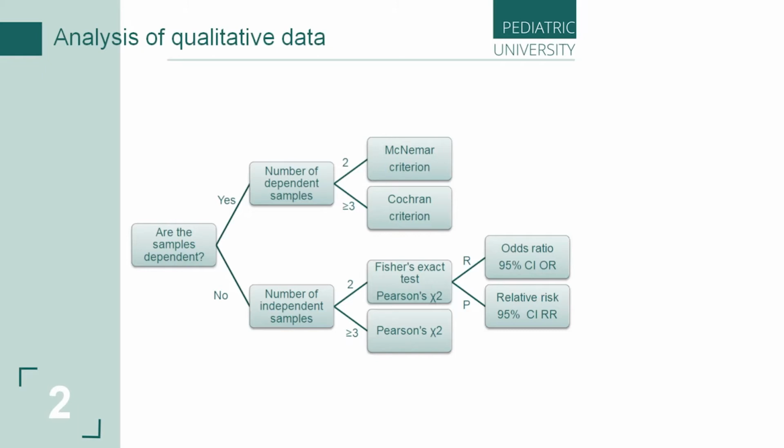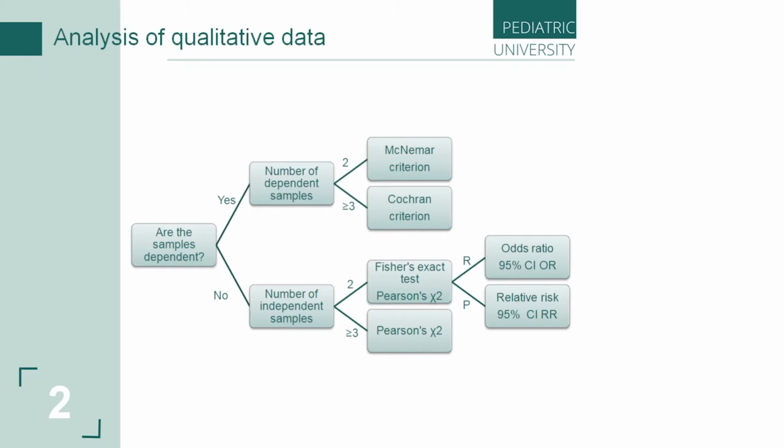But what happens if our samples are independent? Again, we must see how many samples we have. If there are two independent samples, we can use Fisher's exact test or the Pearson chi-square criterion for analysis.